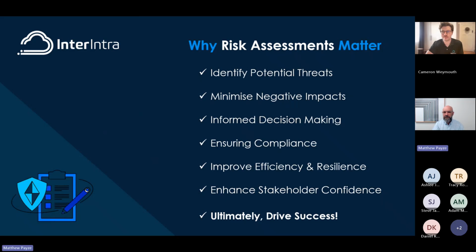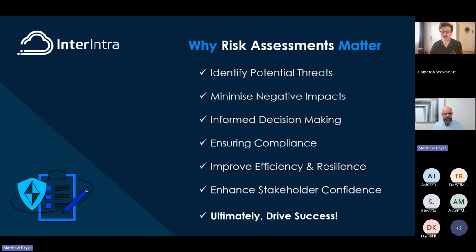So why do risk assessments matter? Why should we care? And why should we prioritise risk assessments? Well, I think there's a few key ones we should consider. Firstly, identifying potential threats. So uncovering vulnerabilities and hazards before they cause harm or disruption.